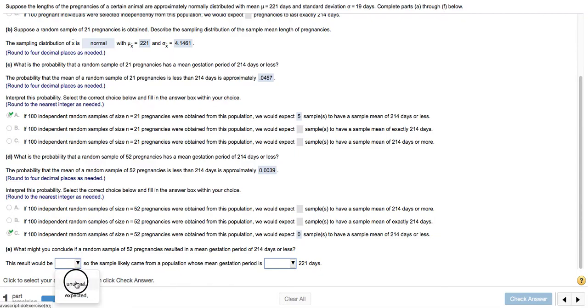So this result would be unexpected. You could conclude that since it happened, maybe there's something wrong with your original mean and standard deviation. It's probably that the original population mean was not 221 days. It was probably something less than that.